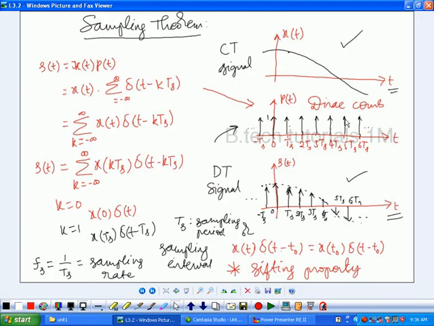So this is constant amplitude, but this is varying. So definitely, if you multiply a constant with a varying function, the resultant will also vary. So that's why, if you observe, this dotted line is the same as that of the continuous time signal. Follow? So we have taken the samples at the rate of fs by the process of sampling.